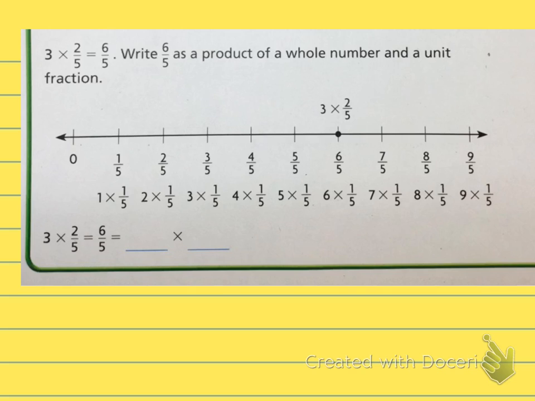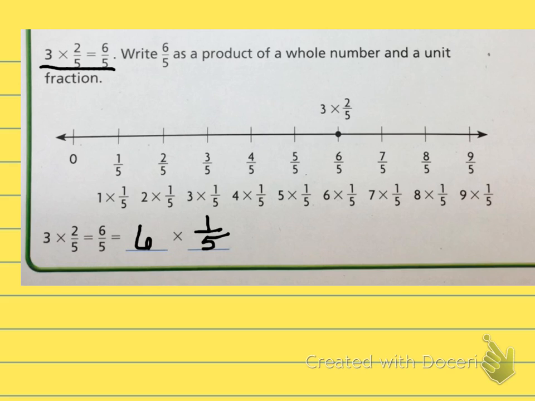So I can write 3 times 2/5, which equals 6/5, or I can actually say that 6/5 equals 6 times how many fifths? 1/5. So I'm taking 3 times 2/5, which I know is 6/5 up here, and I'm writing 6/5 as the product of a whole number and a unit fraction. 6/5 is the product of the whole number 6 times the unit fraction 1/5.